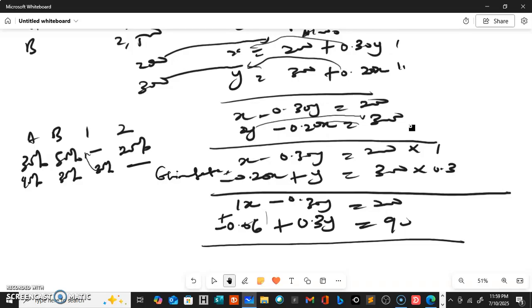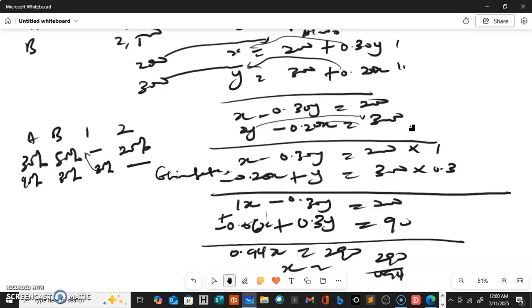That is 1 plus minus 0.06, which is 0.94x. So 0.94x equals, the plus sign is here, 290, okay? So x equals 290 divided by 0.94. So let us go ahead and do that.